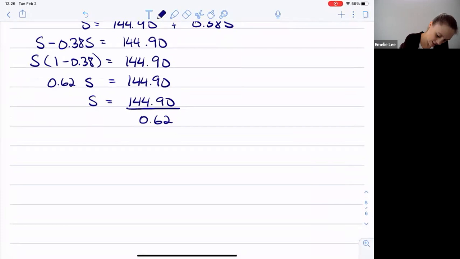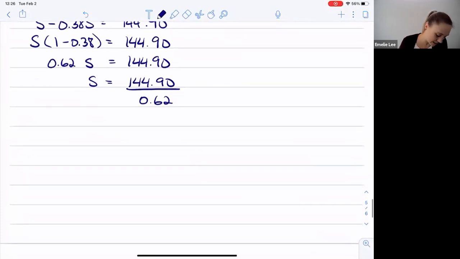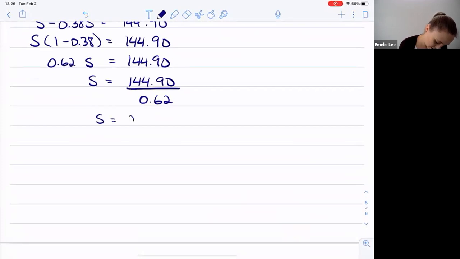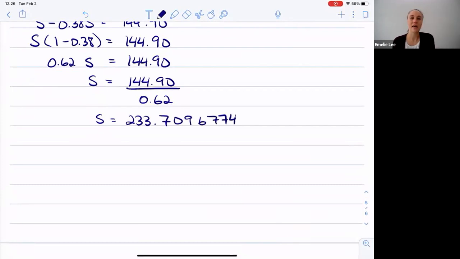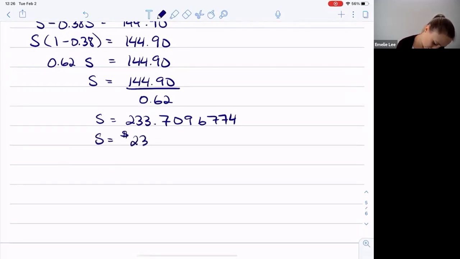Doing it on the side here, I get 233.7096774. Again, writing out all my decimals and then rounding to 2 decimal places for money: 233.71.